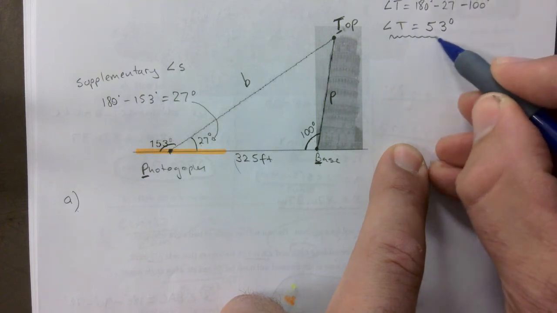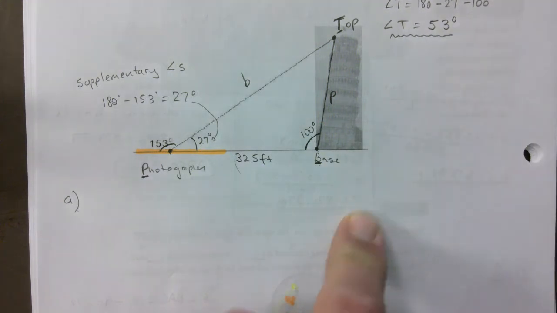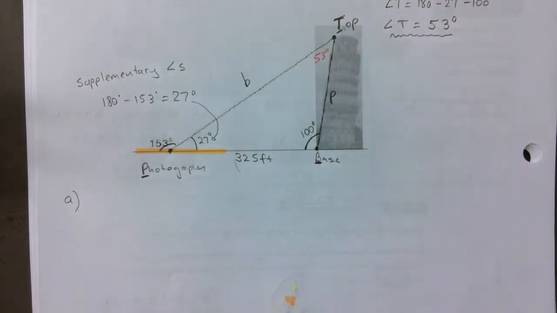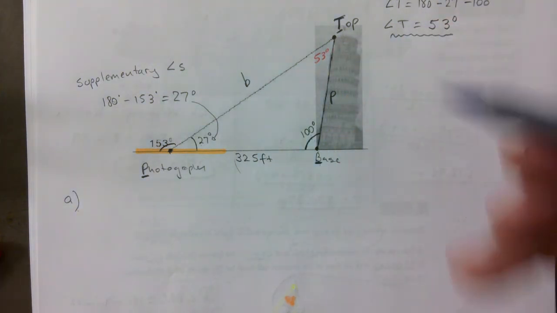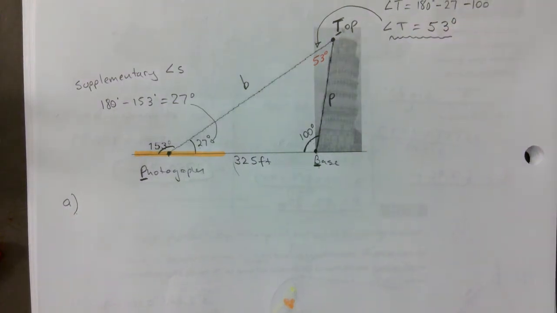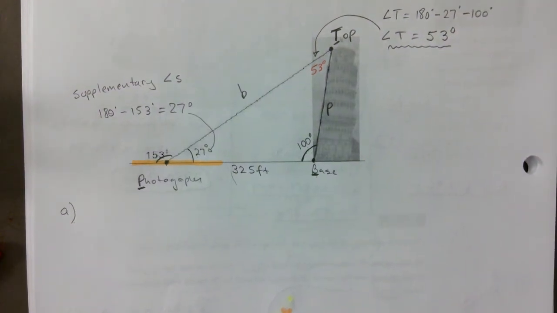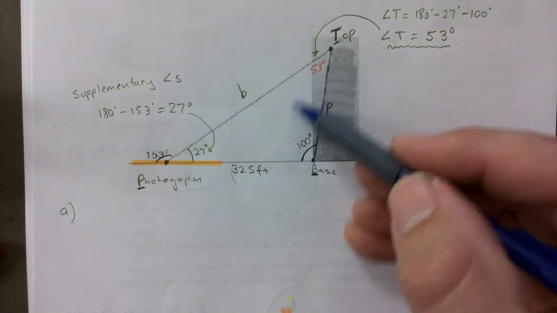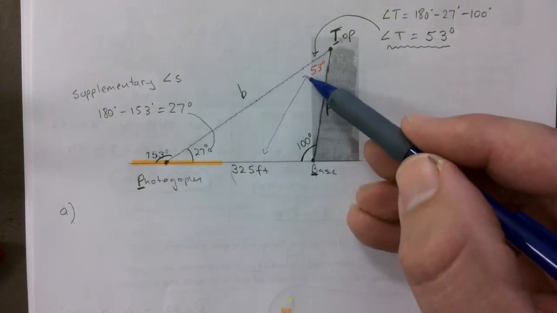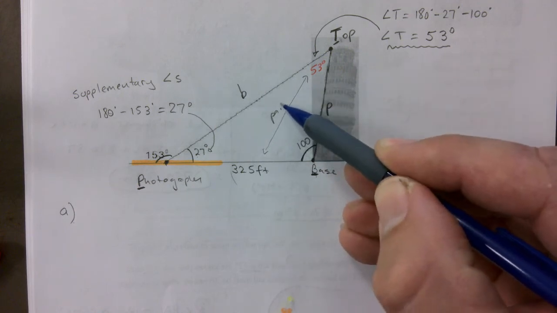I'm going to underline it because it's going to go over here, 53. Okay. So now I have a pair. Okay, I will just do this, arrow, arrow. There's my pair.